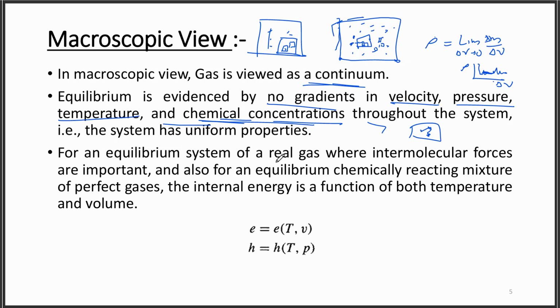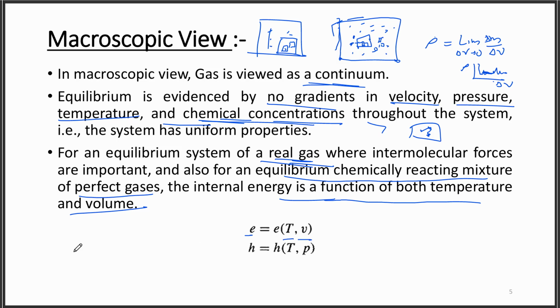For an equilibrium system of a real gas, where intermolecular forces are important, and also for an equilibrium chemically reacting mixture of perfect gases, internal energy is a function of both temperature and volume.